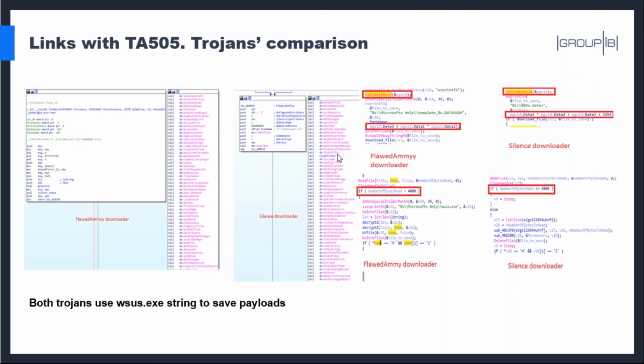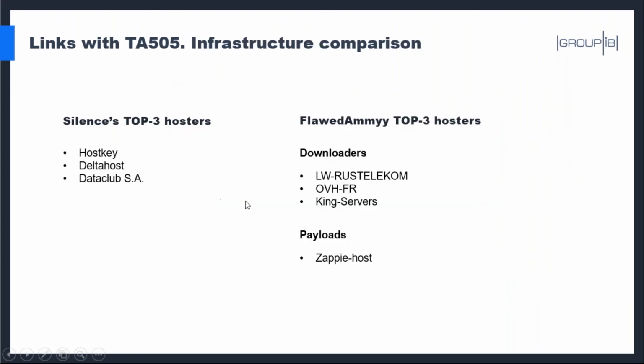And Float EMI used other hosters to control their downloaders. Also, they have very different infrastructure for the downloader and the payload. So as I see, Silence servers are hosted in other hosting companies than those used by the Float EMI threat actor.